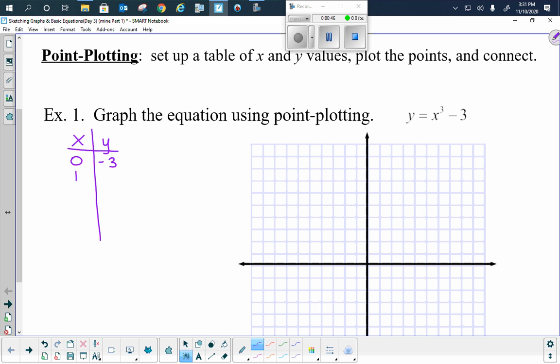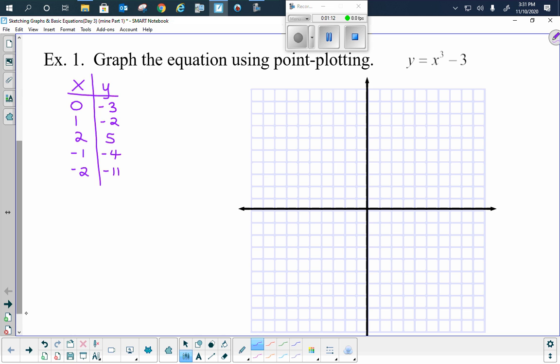Plugging in 1, 1 minus 3 is -2. Plugging in 2, cubed is 8, minus 3 is 5. Then we plug in some negative numbers. -1 gives -1 minus 3, so -4, and -2 gives -8 minus 3, so -11.